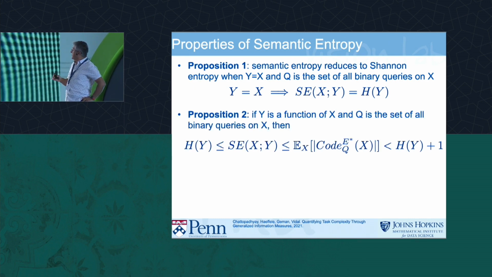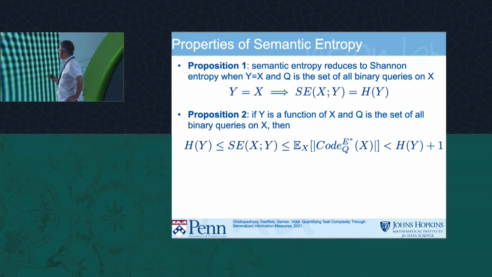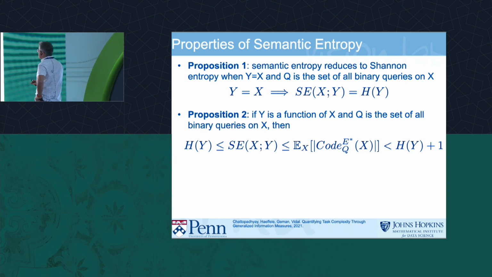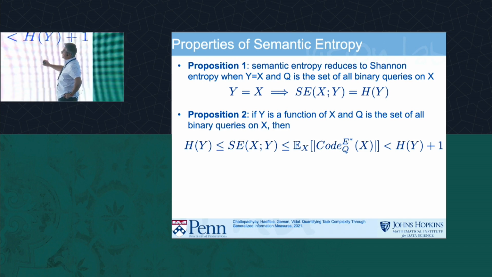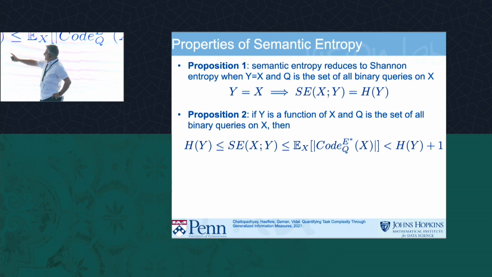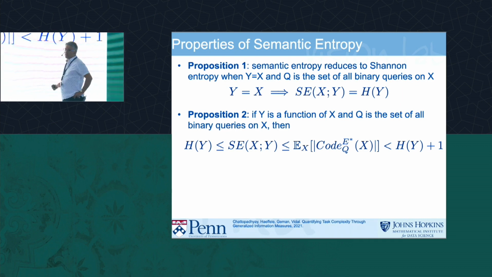The second property is related to classical coding theory, which says that the expected coding length is within 1 bit of entropy. The same thing is true if y is a function of x and Q is the set of all possible binary queries. Then this notion of semantic entropy is bounded below by the entropy of y and bounded above by the entropy of y plus 1.